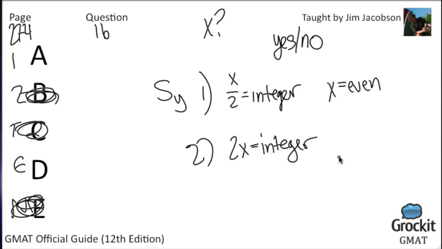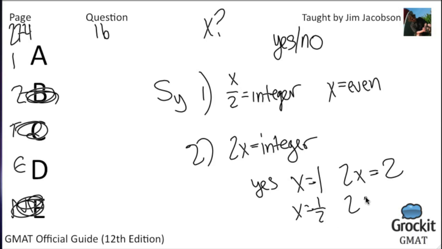So this is a trickier case where picking some numbers can help illustrate our issue. If x equals 1, 2x also is an integer. So x was an integer, so this is yes. If x equals 1/2, 2x equals 1. So 2x equaled an integer, but x itself was not an integer.